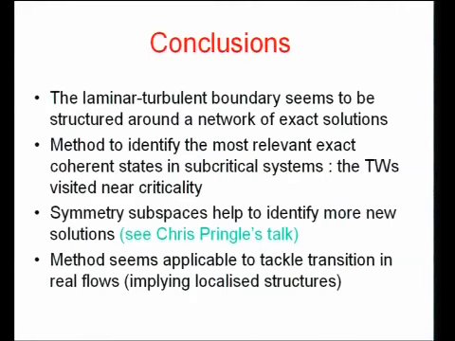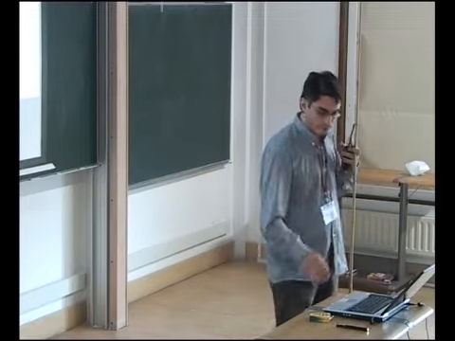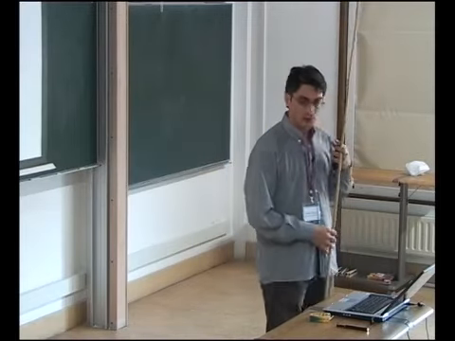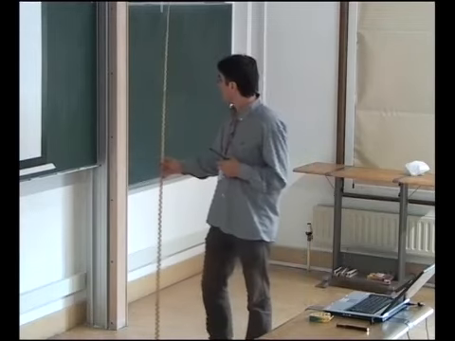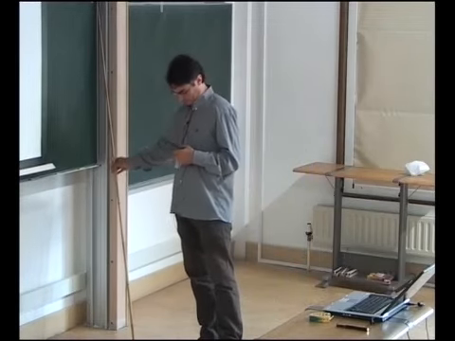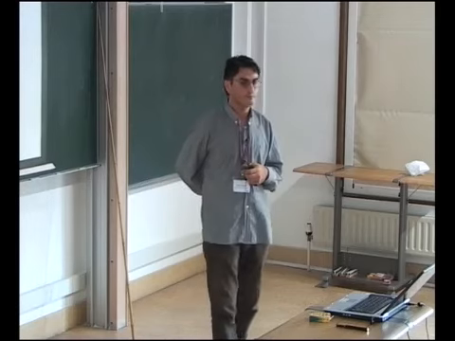The use of symmetry subspaces, though maybe a little artificial, helps us to identify a lot of new solutions and simplifies the dynamics by reducing the instability of the states. And it seems that this method is maybe applicable to tackle this transition in more realistic flows.